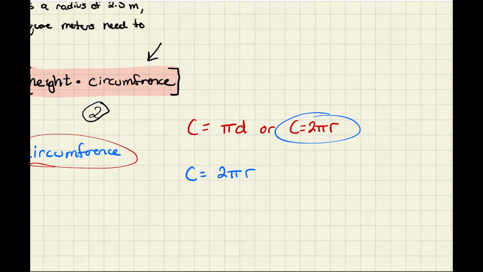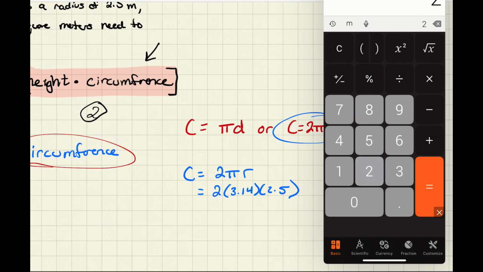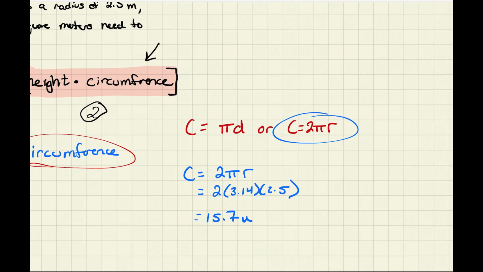Circumference equals 2 pi r. Circumference equals 2 times 3.14 times 2.5. Grab our calculator. 2 times 3.14 times 2.5. And we get 15.7 units.